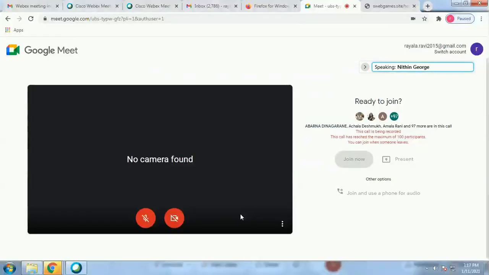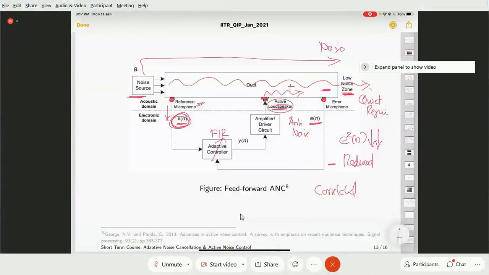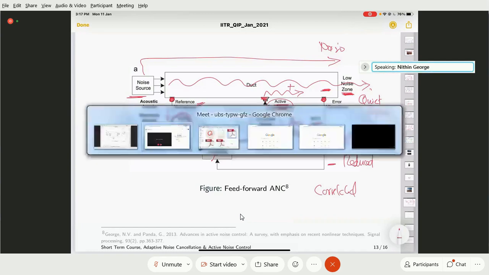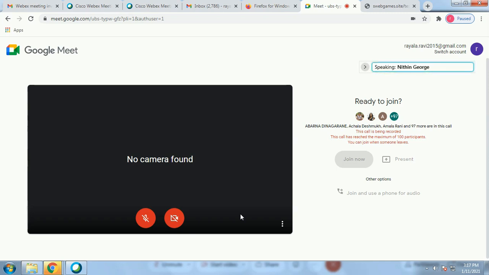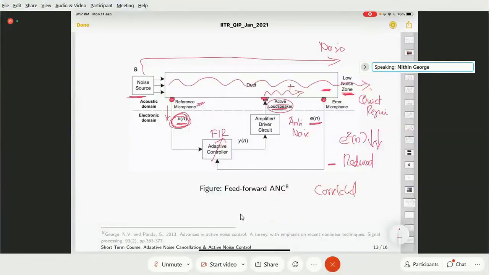So in an ANC scenario, your objective is to cancel the background noise. Why do we need to cancel the background noise? It's a very critical question. Okay, so you are using a headphone, you are listening to music. What will be the gain which you will be putting?